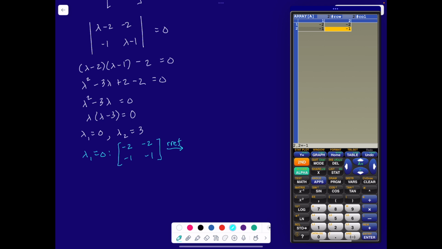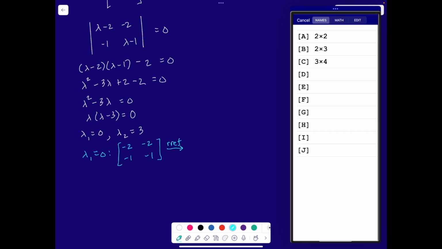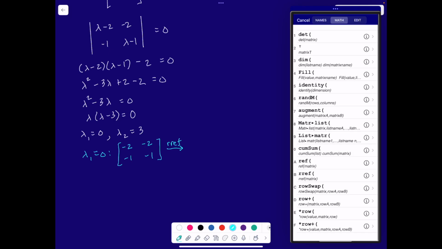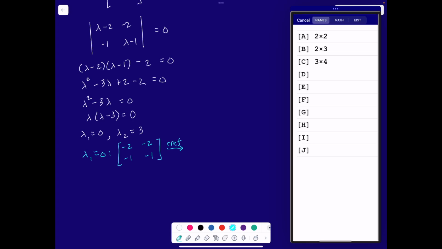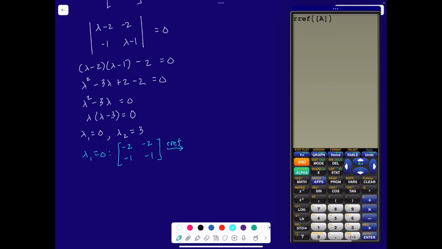Then we quit out of there, go back into our matrix, math, we want our REF, back into matrix, and we want matrix A. Enter. That's going to give us 1, 1, 0, 0.